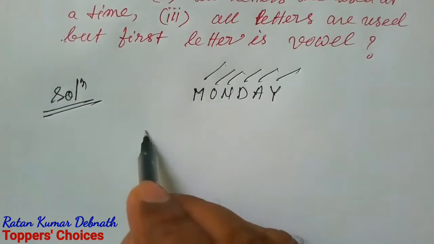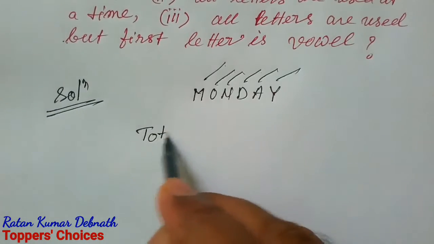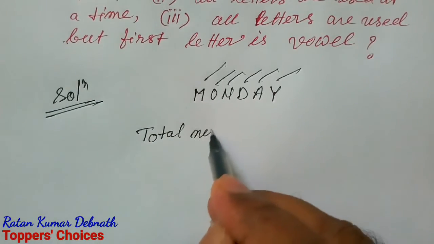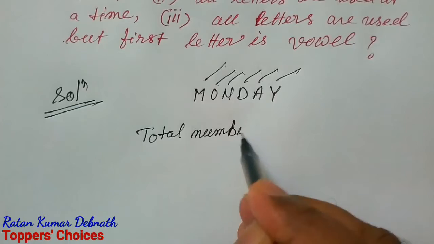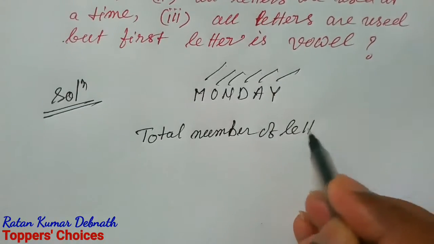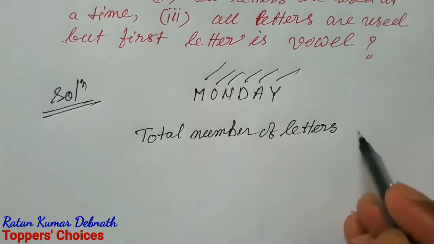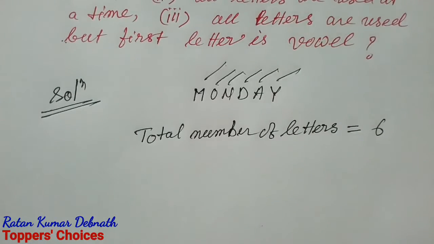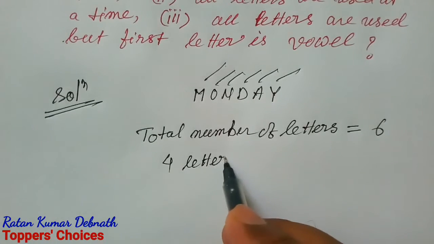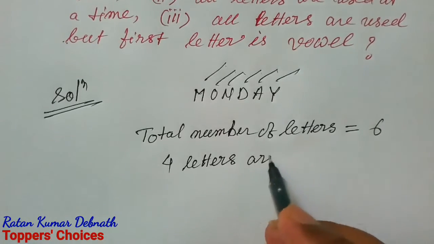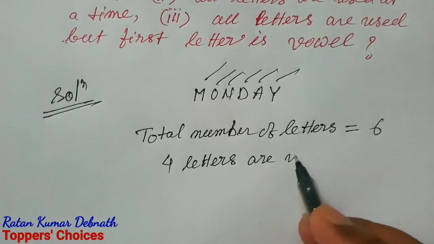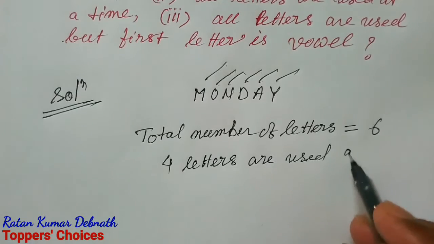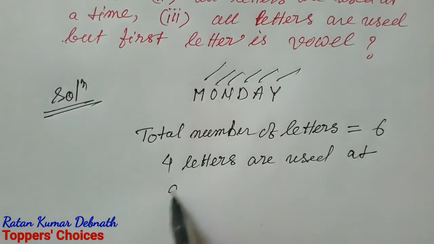So the total number of letters equals 6, and we are using 4 letters at a time.